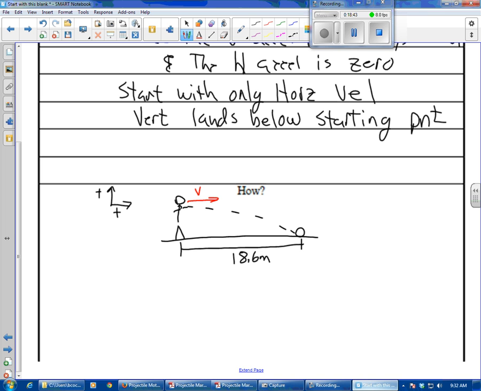What do you want to call this point that the ball is released at? What do you want to call that horizontally? 0 meters horizontally? What about vertically? 0 meters? Okay. So that means horizontally, this point where it lands will be at 18.6 meters, and vertically, it will be at negative h, because we called where it started 0, and we know it lands below that.